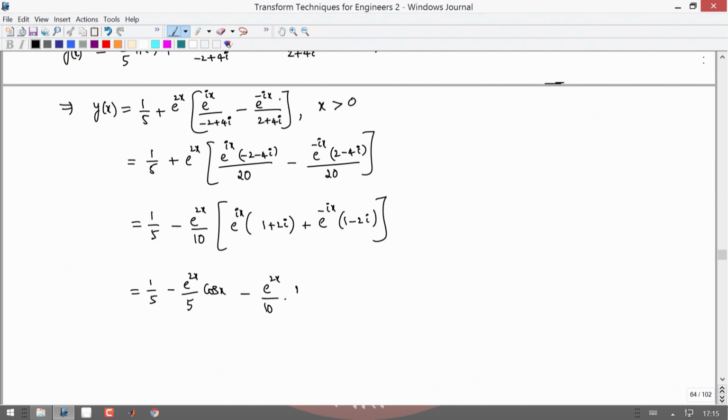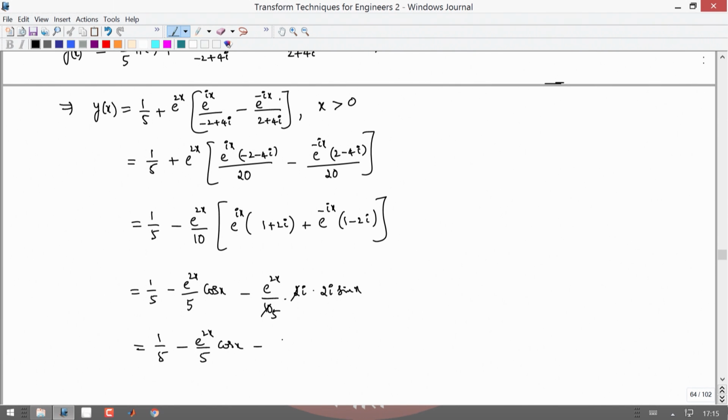So, you have 2 I times, e power I x minus e power minus I x is again 2 I sin x. So, that makes it e power 2 x by 5 cos x, and here, this 2 is 5.